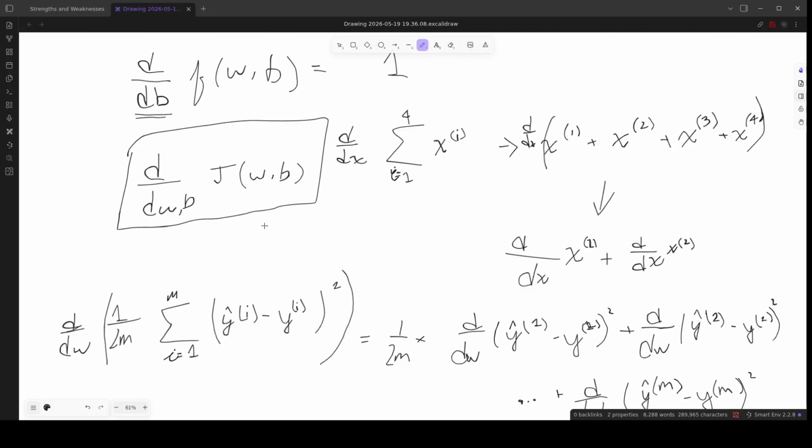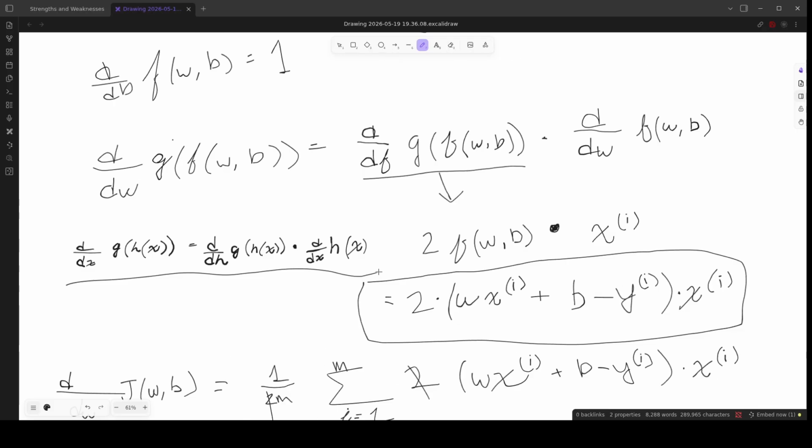So from the chain rule, we know that d over dx of g of h of x is equal to d over dh of g of h of x times d over dx of h of x. So first we compute the derivative of g on the output of the inner function, and then we multiply that with the derivative of the inner function.